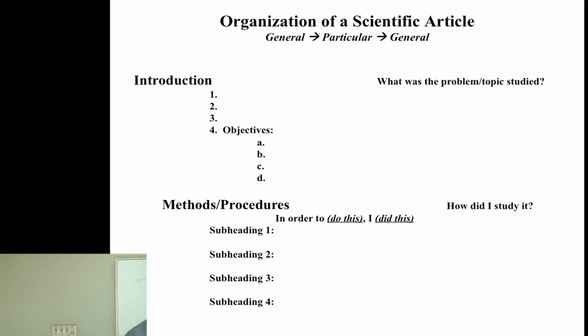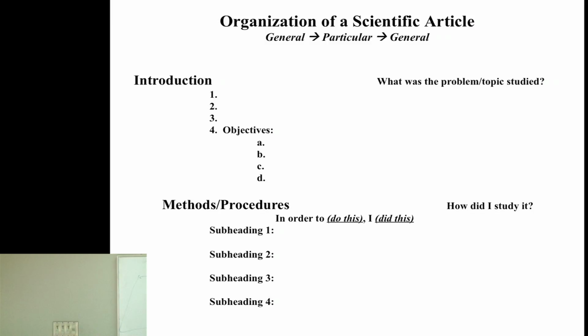In the methods and the procedures, in other words, we're asking, how did I study the problem? It's most important to have subheadings that describe the big procedures that you use, the big questions that you asked. And the way I like to organize it is I start off a sentence like this. In order to do this, I did this.